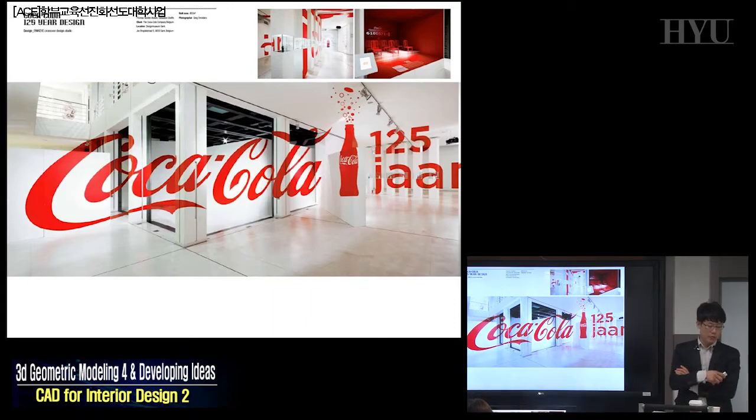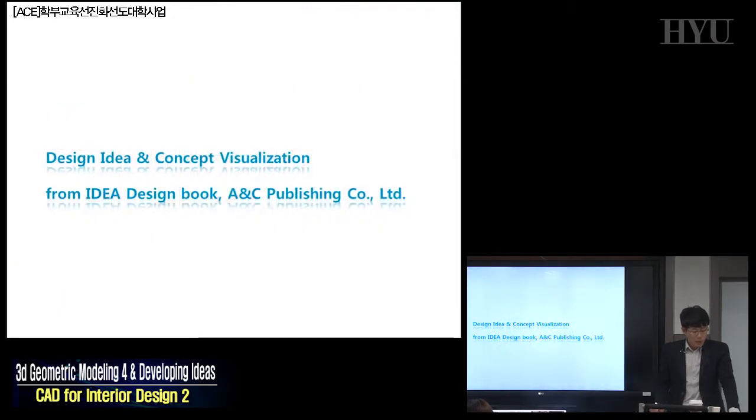This is a real and actual project, and some description is listed on the top. So this kind of specific visualization technique is kind of an actual interior design element, but you can test and demonstrate something like this using 3D graphics software. That's why I would like to show you this part.